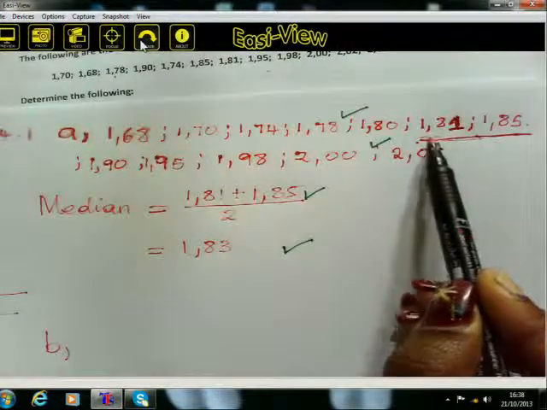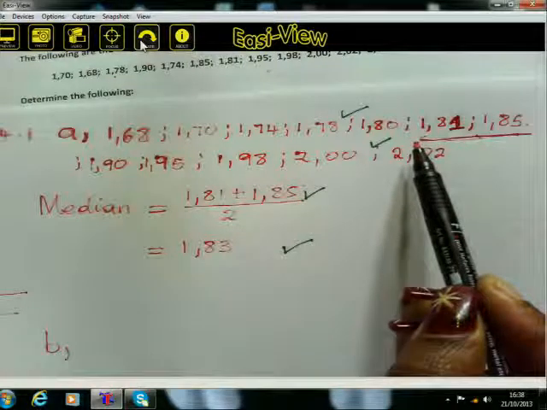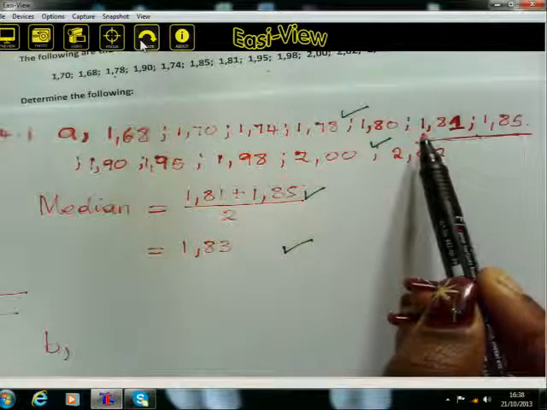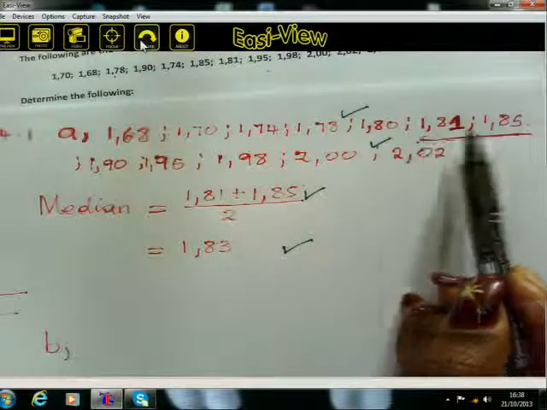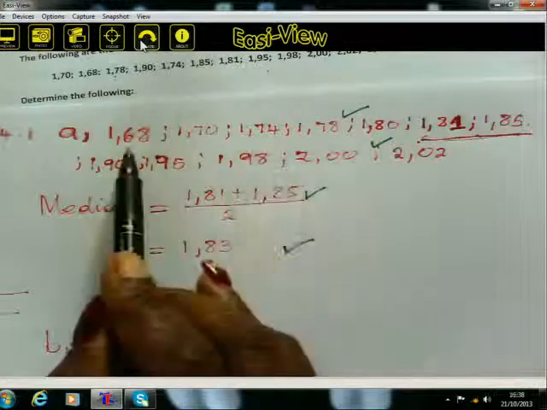So for you to get the quartile 1, you had to write data that come before the two middles, which are the numbers that we have just read.